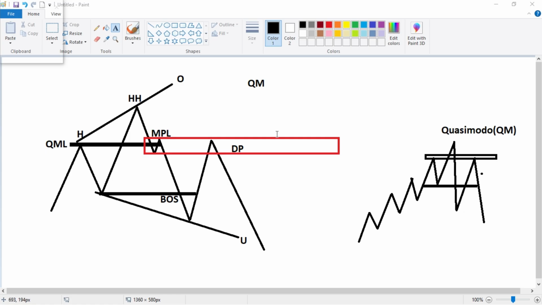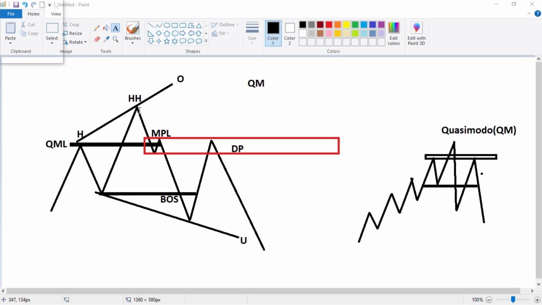So how do you see a Quasimodo level? As you can see over here, a QM is identified by the following. You need to have a high and a higher high and a higher low over here.